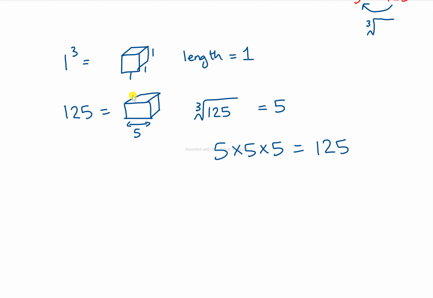So this is what we're trying to say now. If I have a cube and the volume is 8, what is the length of one side? What am I going to do? I'm going to cube root 8. What do I end up with? 2.